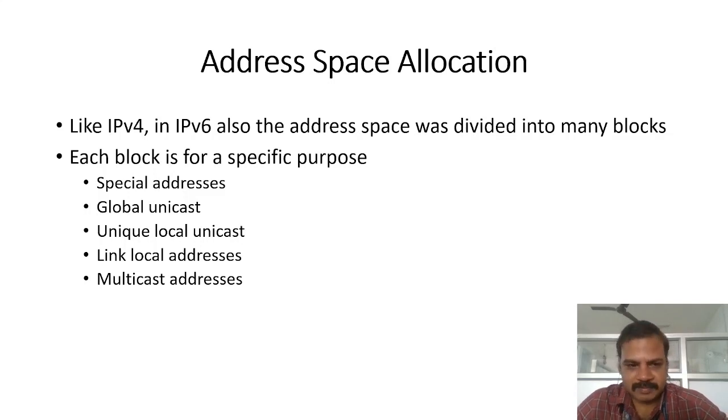In that, the global unicast, unique local unicast, and link local addresses are used for host to host communication. That is, one host is communicating with another specific host in the internet. All these three are used for this host to host communication. Whereas the last one, multicast address, is used for delivering the packet to a group of nodes.